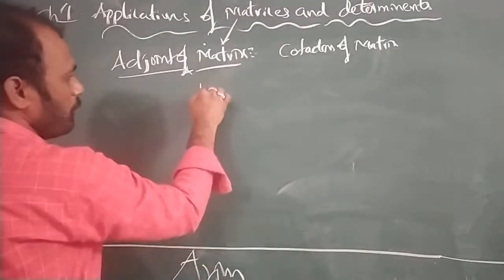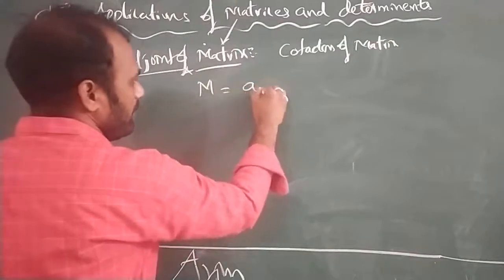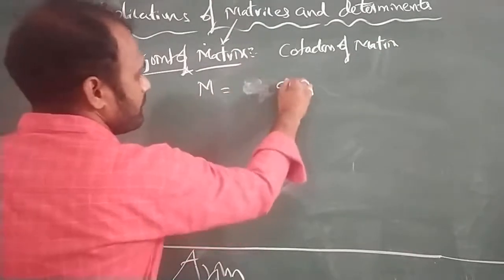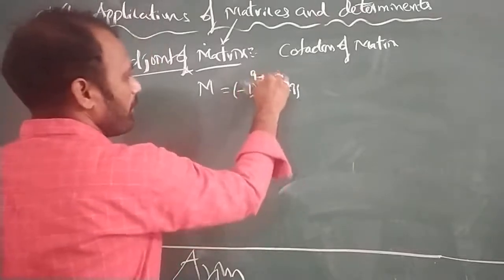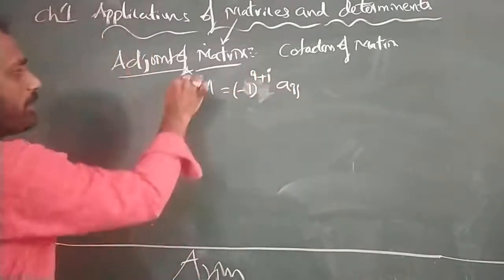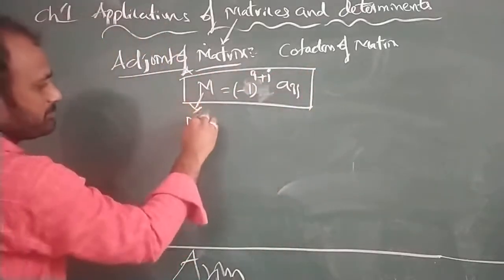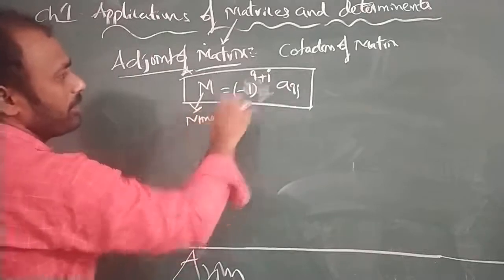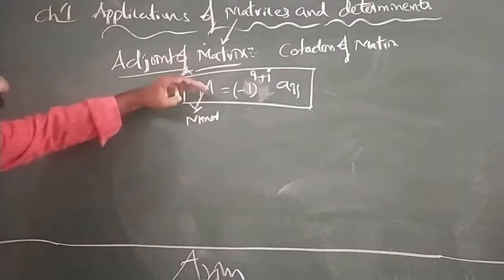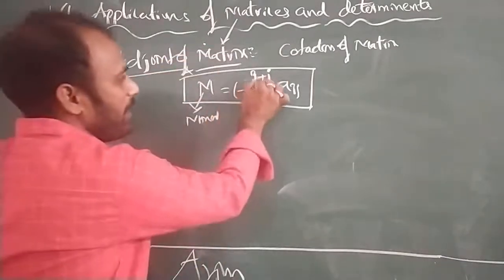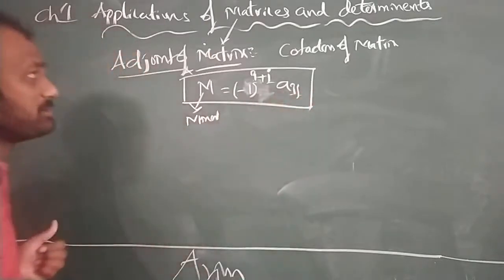If I define the cofactor as M, it will be a_ij times minus 1 whole power i plus j. By this formula I can define the cofactor. Here a_ij is an element of the matrix, i indicates rows, and j indicates columns.